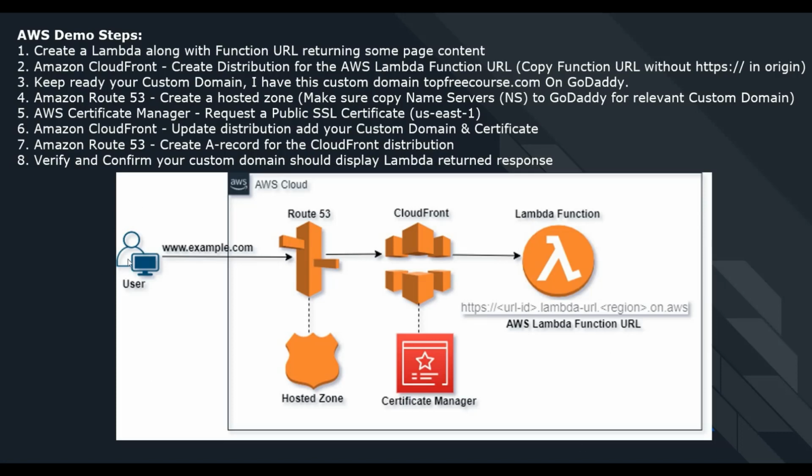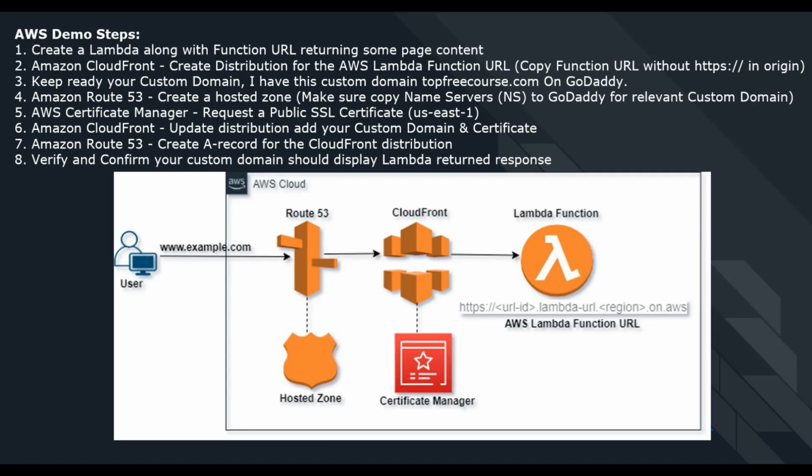So this way we covered the full demo. As soon as someone opens www.topfreecourse.com, it will go through Route 53 and do the DNS mapping, then call the CloudFront distribution, and it will again do the Lambda function URL call, and return whatever the Lambda function response is giving.